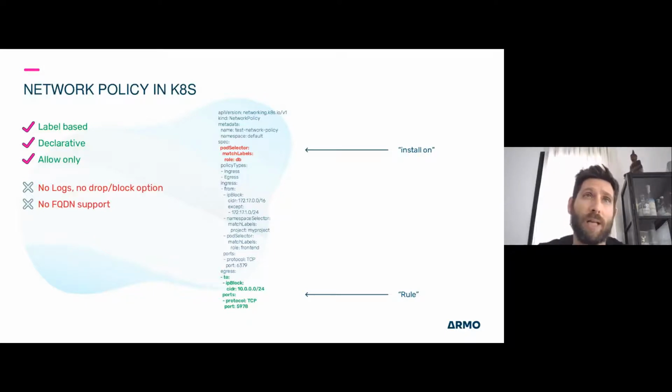Like customers who would like to block an update for a certain pod; doing it in Kubernetes using this construct is challenging. And right now there is no FQDN support. So basically, if you want to say, I want my pod to go to ARMO.com, I can't really do that because it's not supported in this construct.